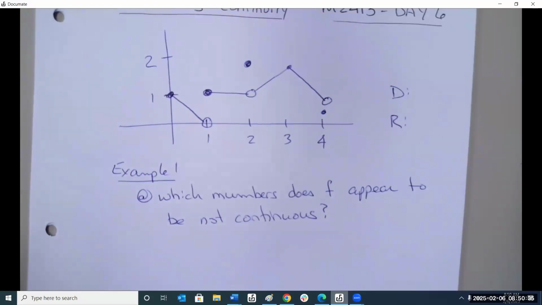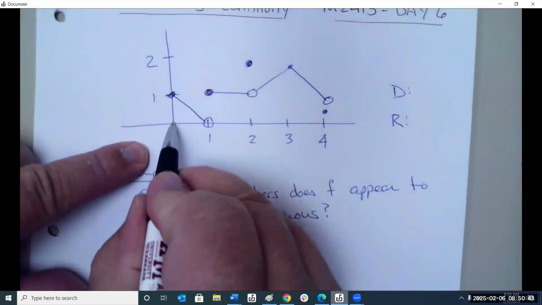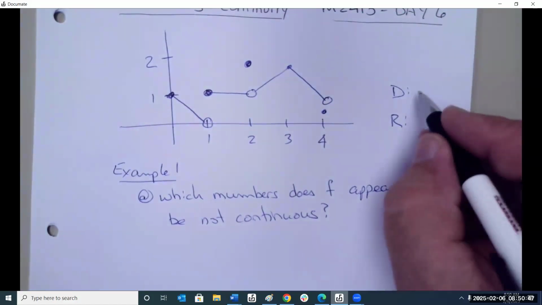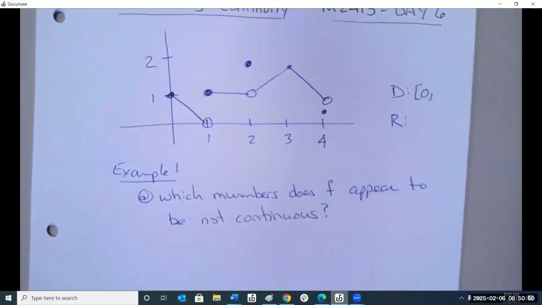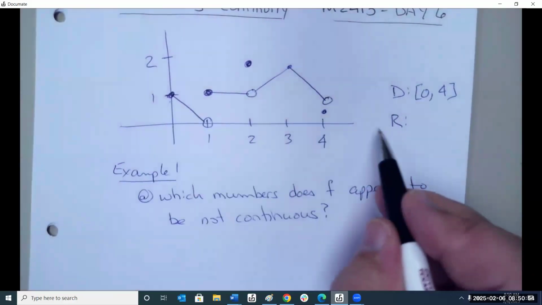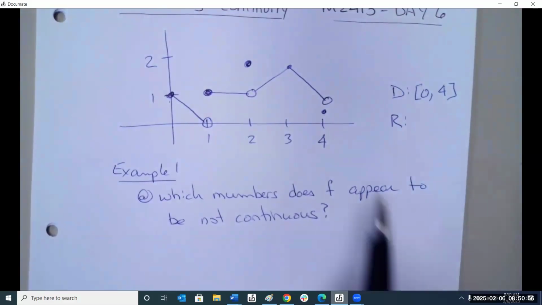So looking at this graph, what's the farthest left and farthest right you can go? 0 to 4. It starts here. Can I use 0? So it's a bracket. Can I use 4? Yes, because there are solid dots at 0 and 4, and everything in between there has points.